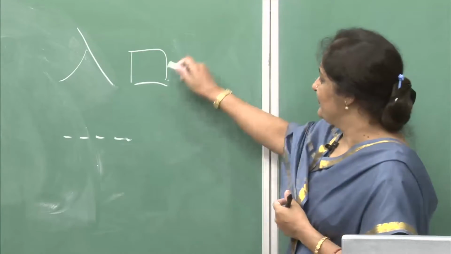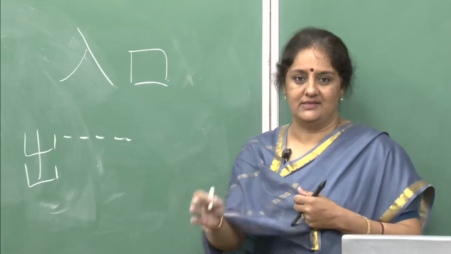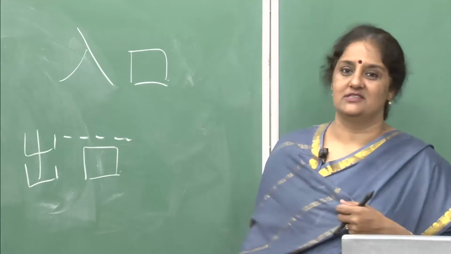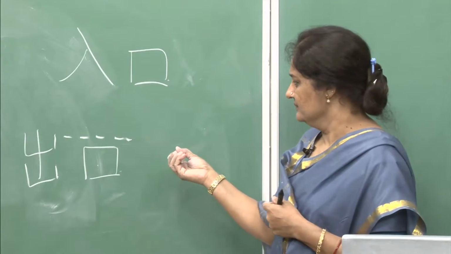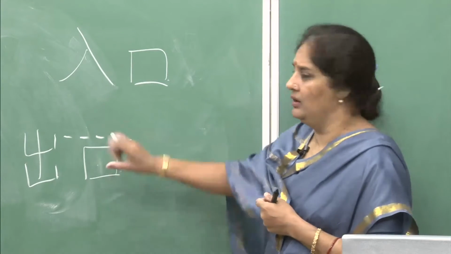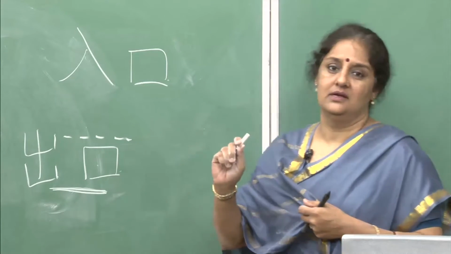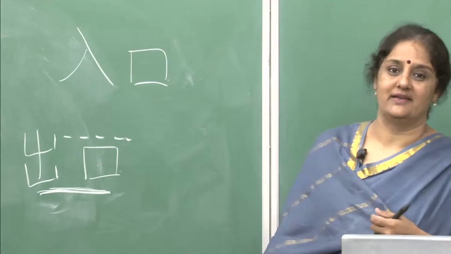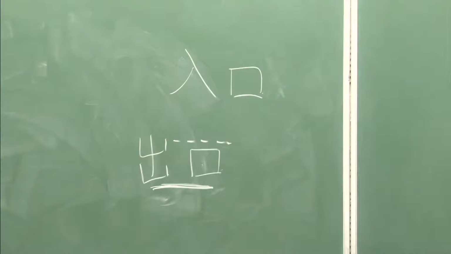In a similar way, if you know the meaning of this character, which is deru, to go out, and of course we know this one, which is mouth or entrance or a hole or a cave, then you know that this means exit. So in such cases it is very interesting how kanjis can be useful and helpful.